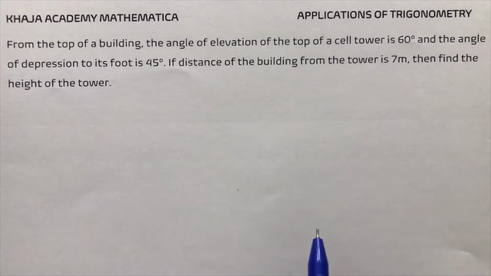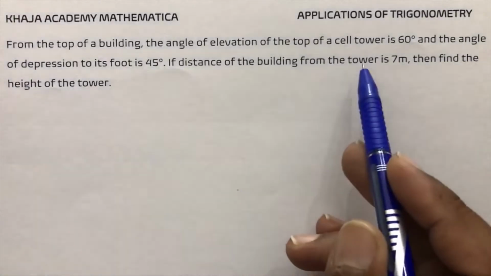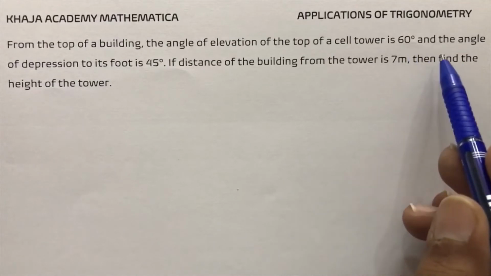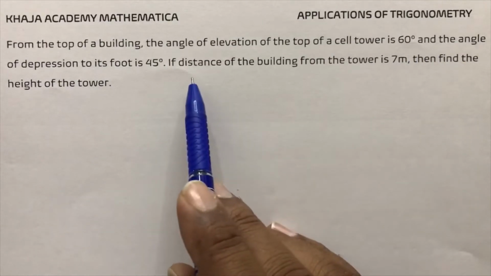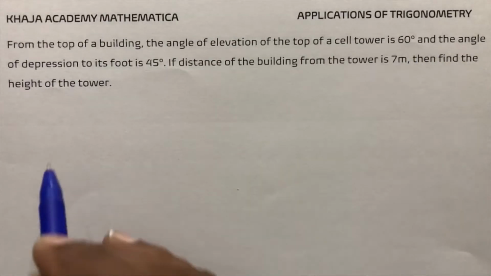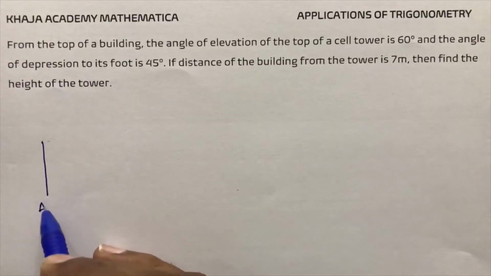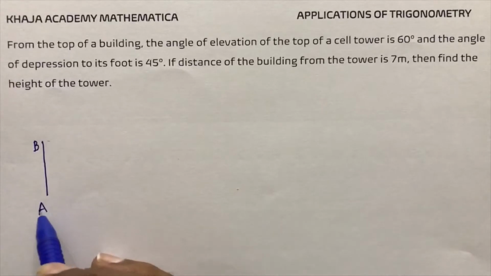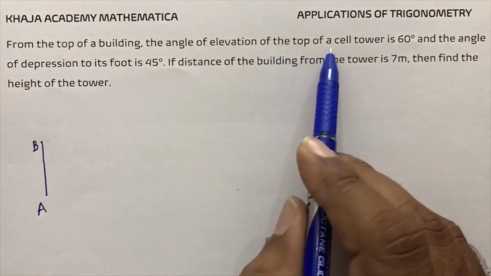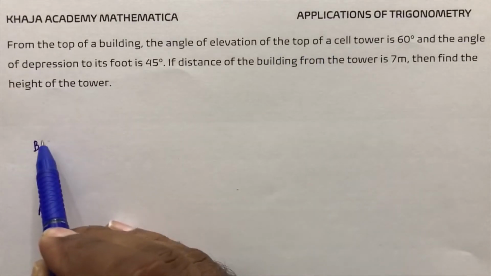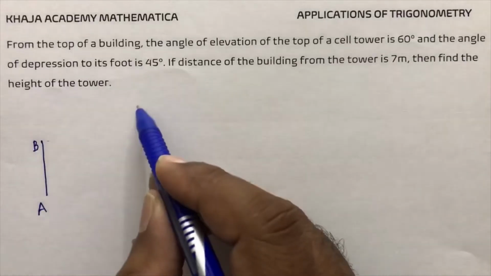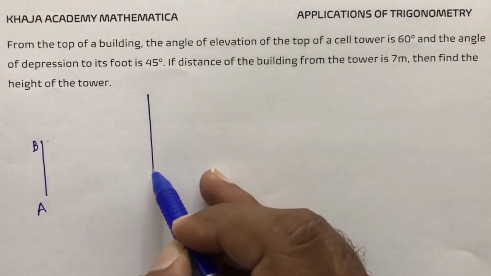From the top of a building, the angle of elevation of the top of a cell tower is 60 degrees and the angle of depression of its foot is 45 degrees. See, from the top of a building, if I take the building as AB, the angle of elevation of the top of a cell tower, from this position they saw the angle of elevation, so tower is taller.